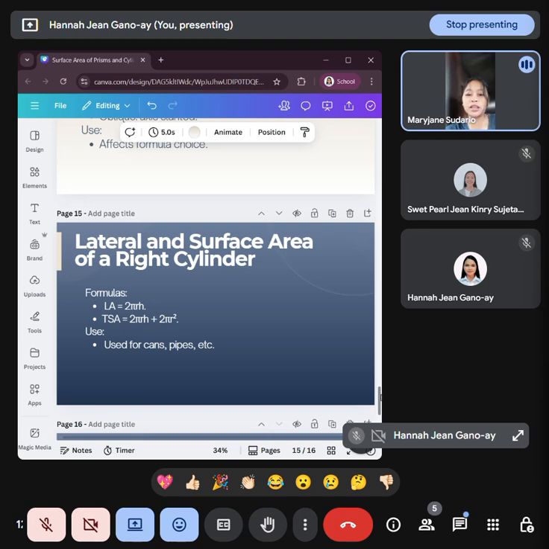The formula for lateral area is 2 pi times the radius times the height, and the formula for the total surface area is 2 pi r h plus 2 pi r squared. These formulas are used for designing cylinders, covering surfaces, measuring labels, and calculating materials needed in construction or manufacturing.